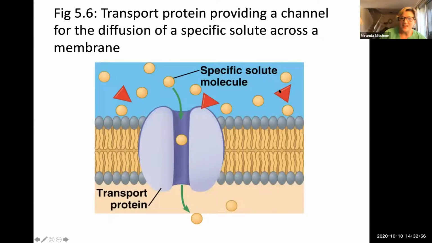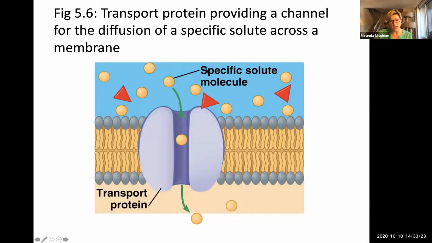Okay, so let's look at an example of some of the specificity as well as the gradient. So we're looking at a transport protein here that is specific for the yellow circle. And let's look at our concentration gradients. So we have 1, 2, 3, 4, 5, 6, 7, 8, 9, 10 circles outside the cell and only 2 inside the cell.